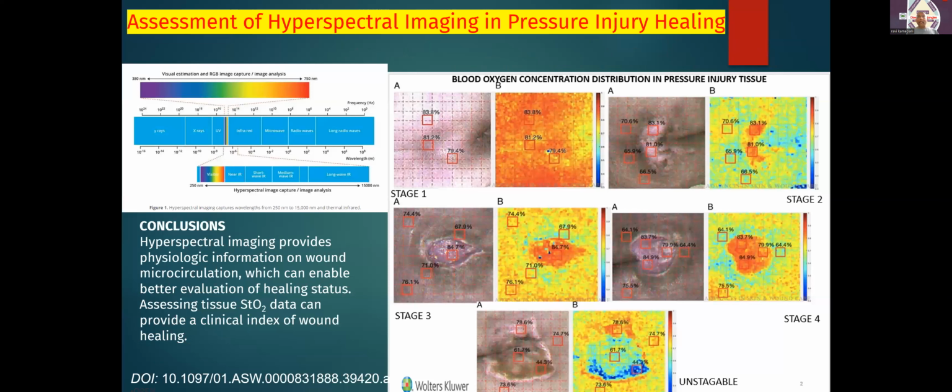Now, one of the other approaches for decubitus ulcer detection is hyperspectral imaging, where the temperature of different areas is evaluated at admission. With hyperspectral imaging, oxygen diffusion is detected, and depending upon the follow-up pictures, we can say whether the patient acquired the infection at admission or post-admission.